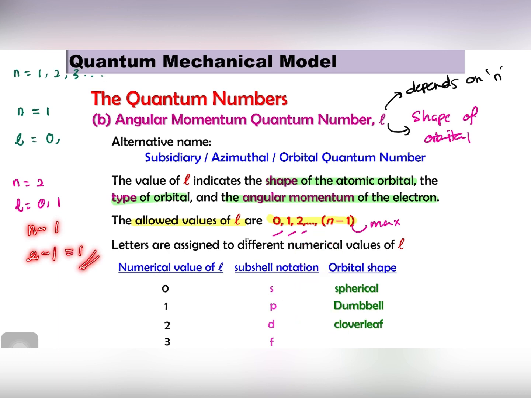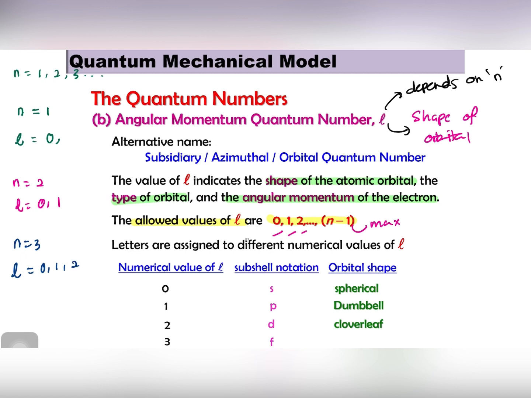So this is its maximum. Okay, so let's say you have n equals 3. Your L value depends on the value of n here. It will start from 0, 1, 2.